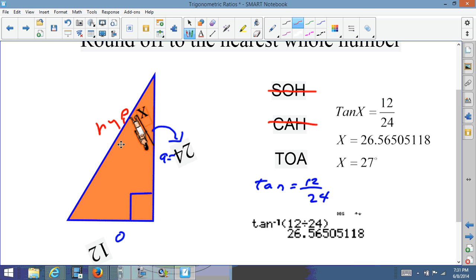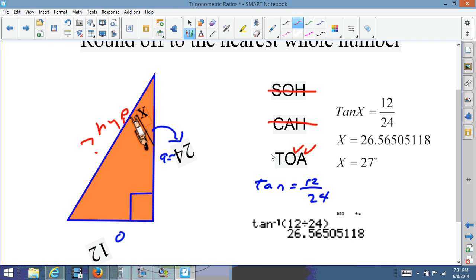There is no number. Even though if I had time I could use the Pythagorean theorem to find the hypotenuse, I won't do that right now. I have an opposite side and I have an adjacent side. And that's all I need, two sides to help me find my missing angle.